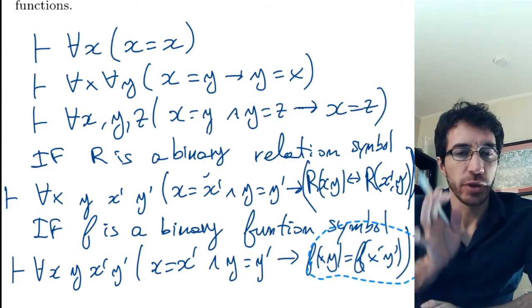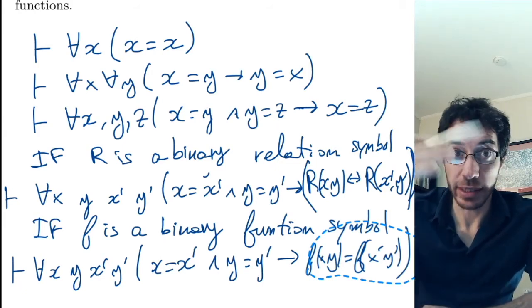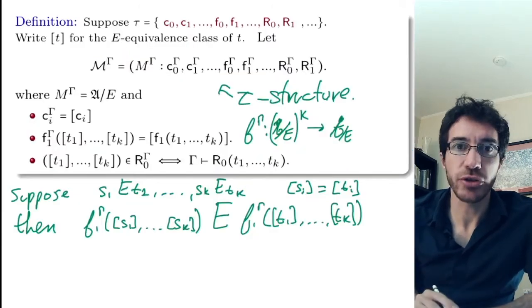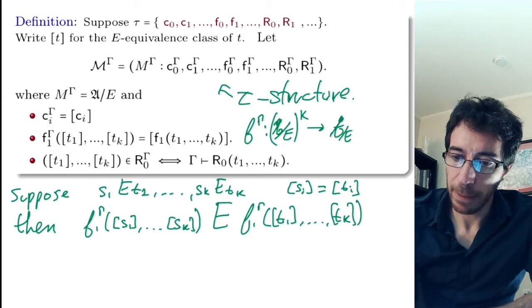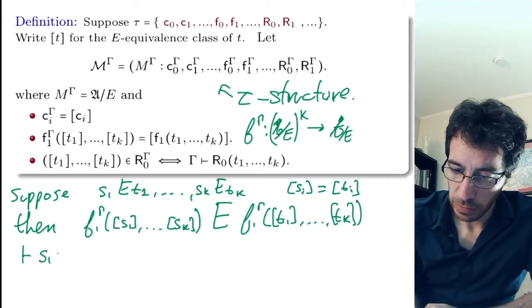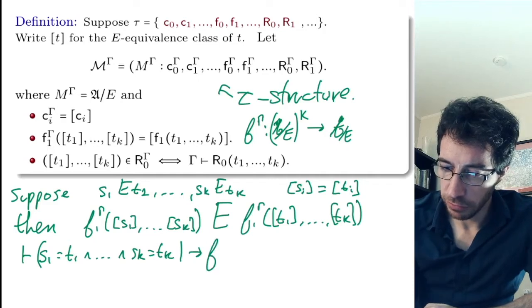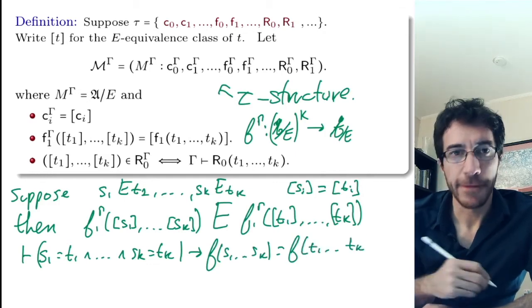This requires a proof. I recommend you guys try it. A deduction, a formal deduction. You can do a formal deduction of this. So you can show here from gamma, well, from nothing actually, that if S1 equals T1 and Sk equals Tk, then f of S1 Sk equals f of T1 Tk.